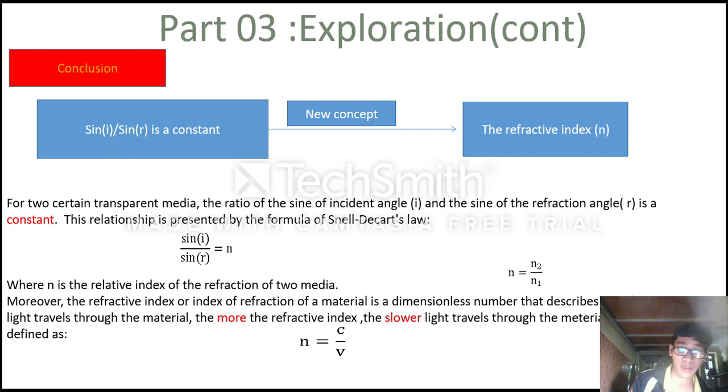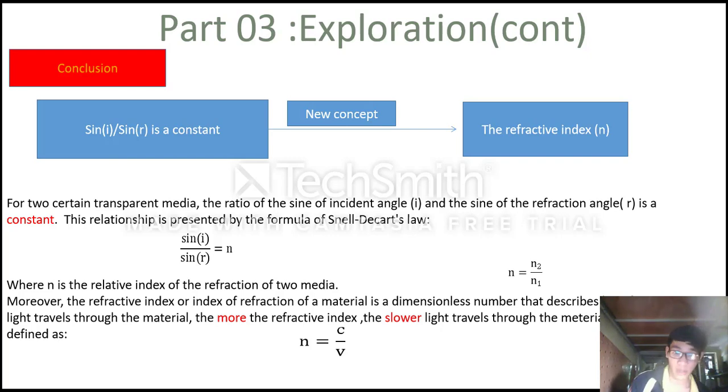index of refraction of two media, and in this case it is the ratio of the refractive index in the glass over the refractive index in the air. Moreover, we will define a new concept, refractive index.